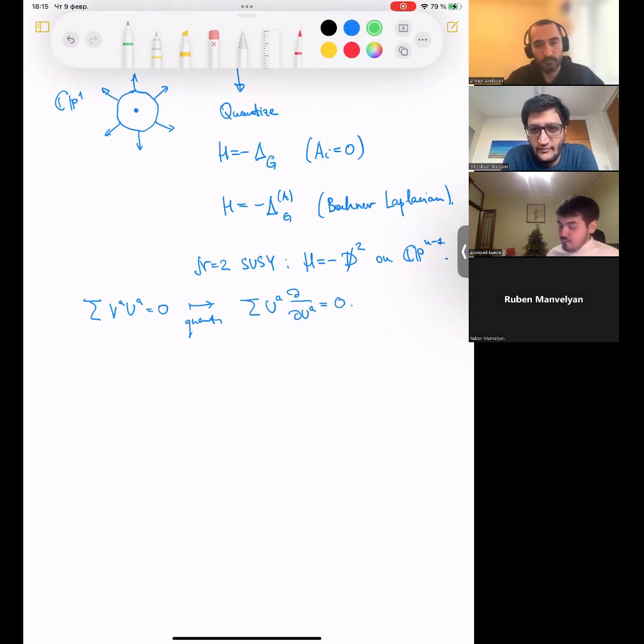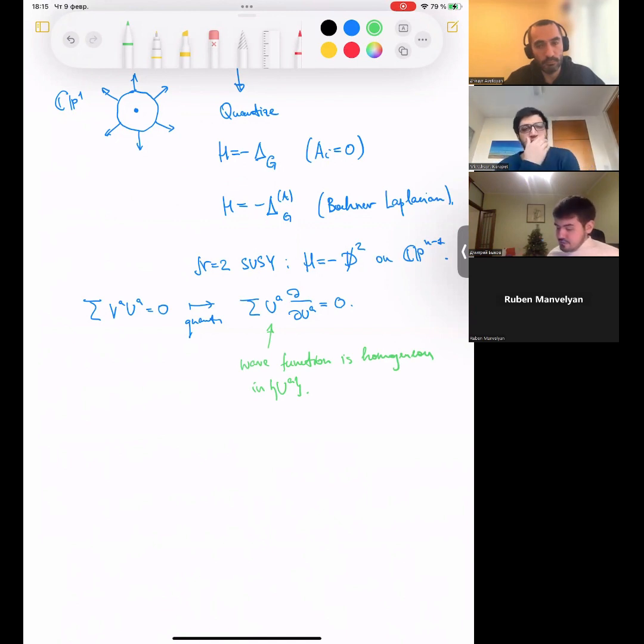This means that your wave function is homogeneous in U^A. So that means it's a function on projective space CPN-1. That's a correct constraint that ensures that your wave functions live on the correct space.